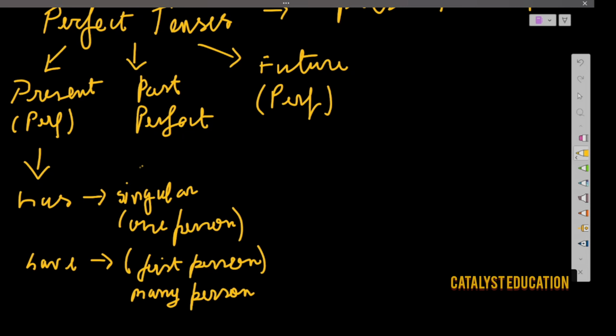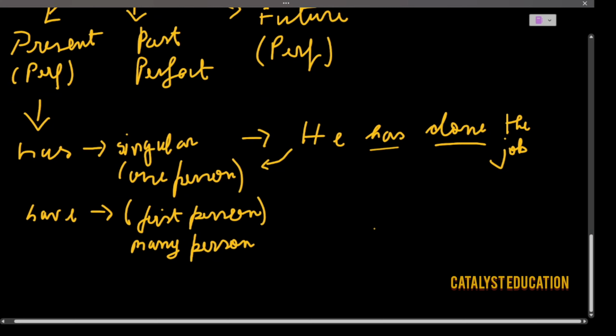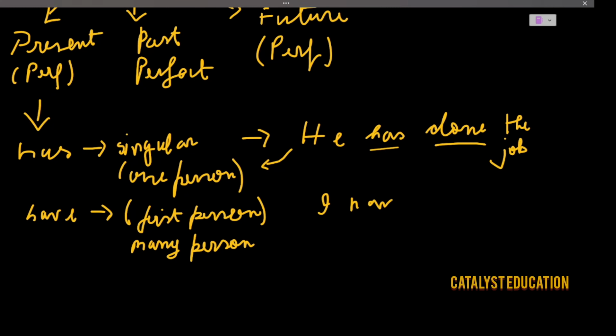So let's give an example. He has done the job. So we have used the word format has along with the past participle of do, which is done, and this is one person. For the first person, I have done the job.